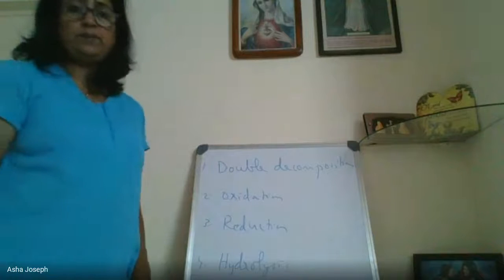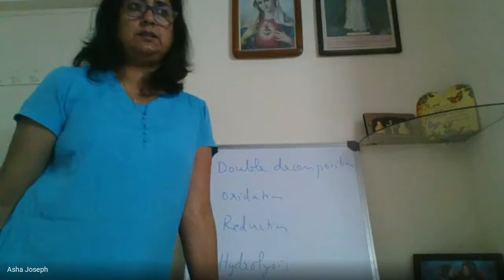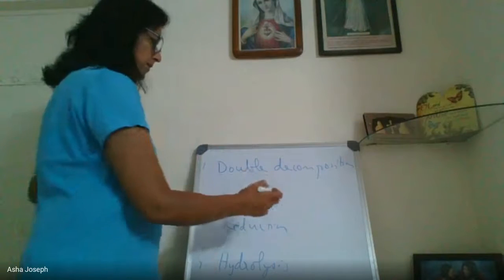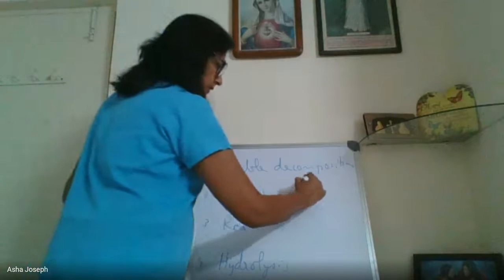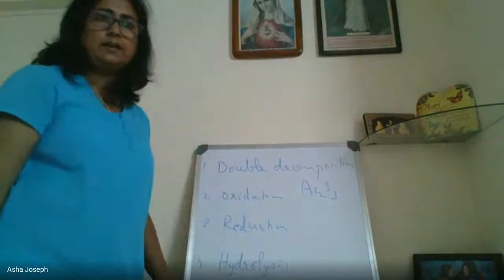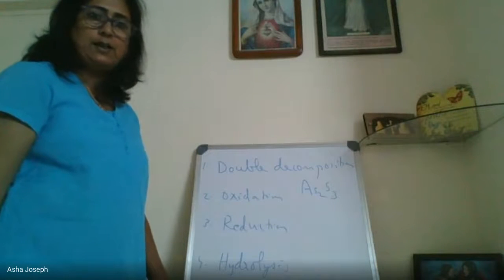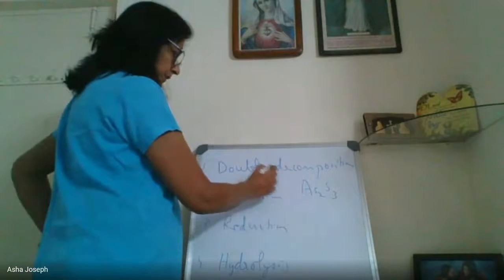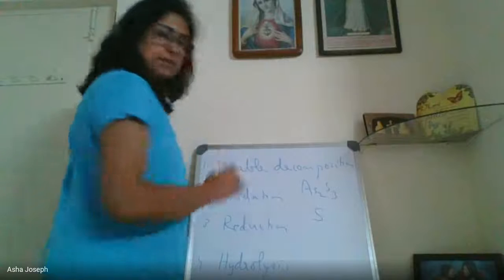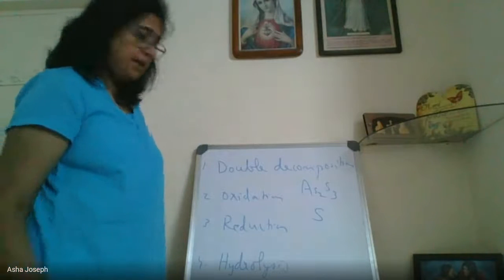So here you have to see the equations, you have to learn a little by heart. By double decomposition, you will get the colloid arsenic sulfide. Another name of colloid is Sol, S-O-L. Arsenic sulfide you will get by double decomposition. Oxidation you will get sulfur Sol. And reduction you will get gold.